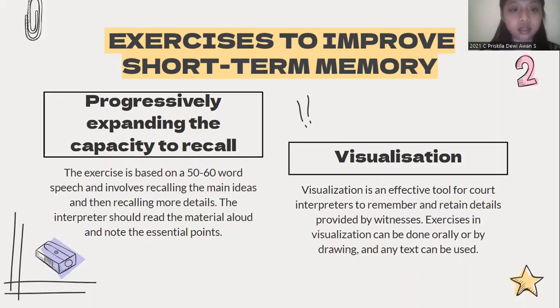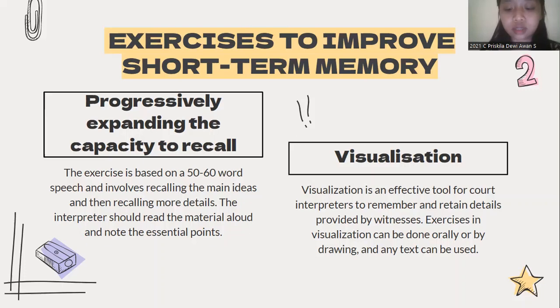Okay, the fifth exercise is progressively expanding the capacity to recall. The exercise is based on a 50 to 60 word speech and involves recalling the main ideas and then recalling more details.